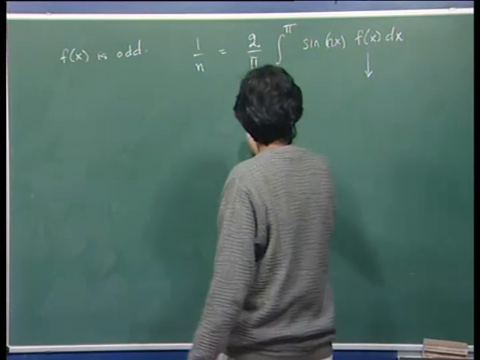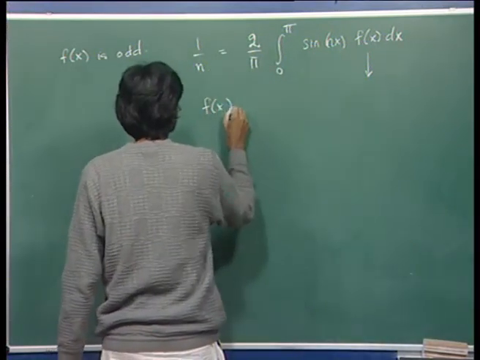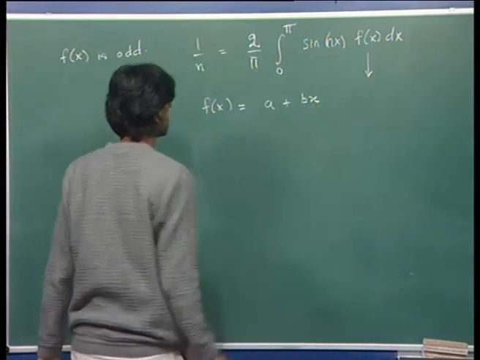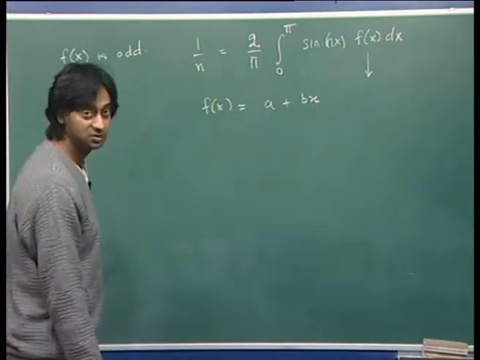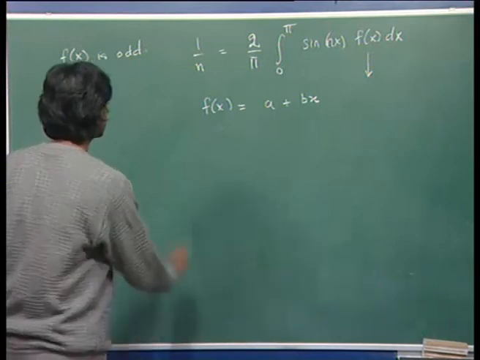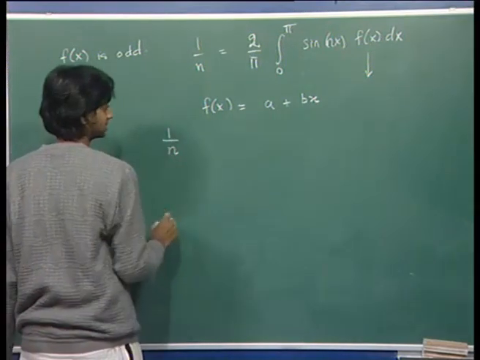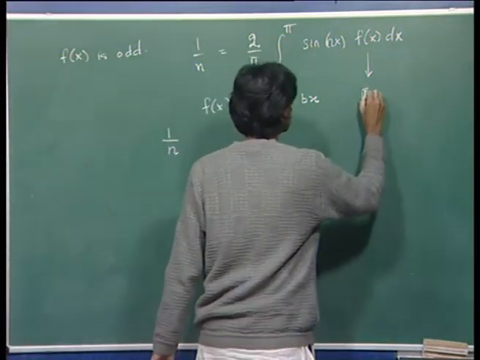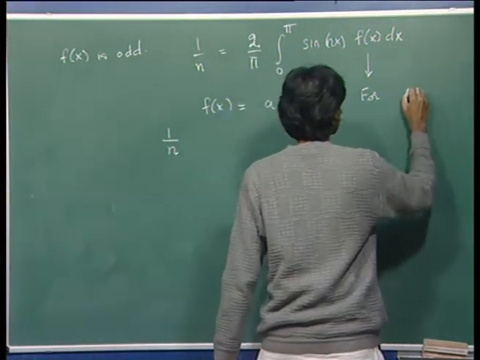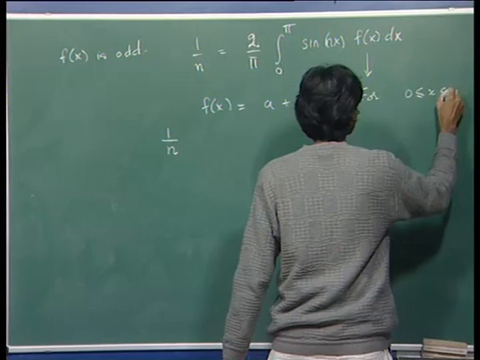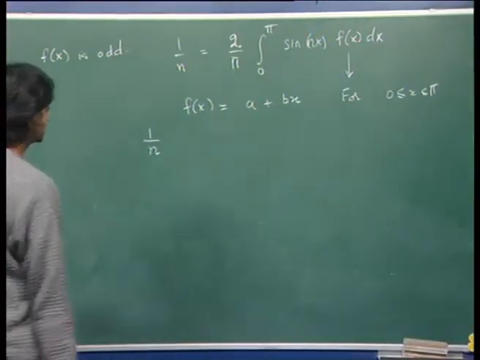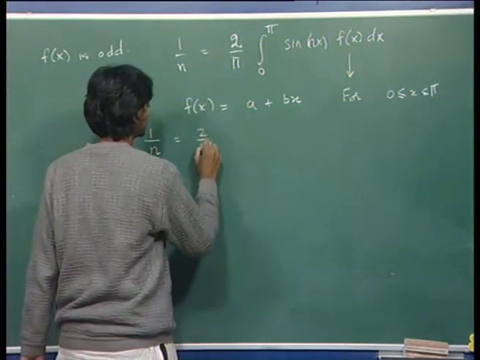So what we will say is that let f(x) be equal to a plus bx, for 0 less than or equal to x less than pi.